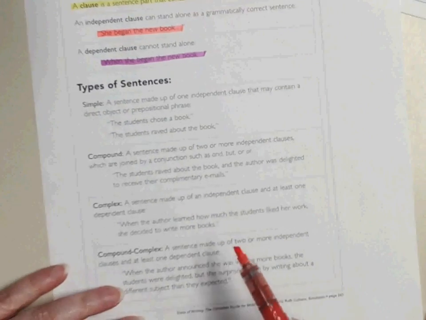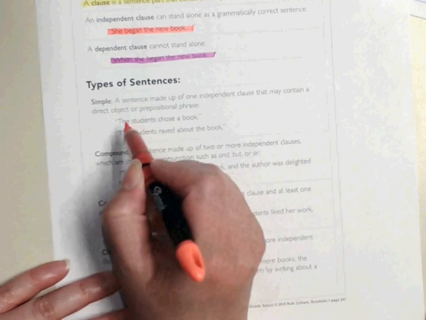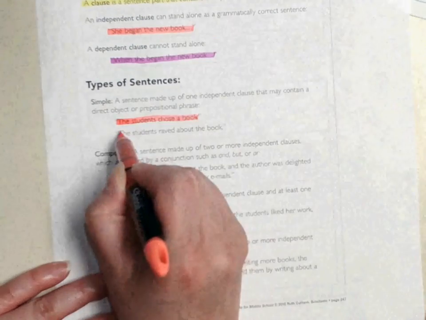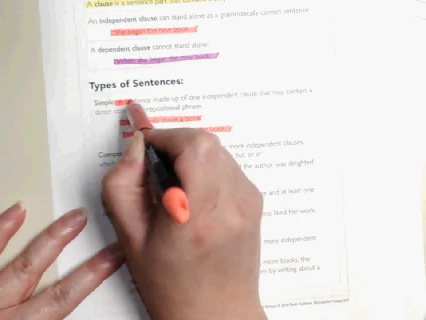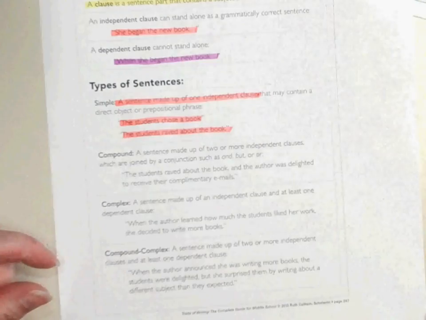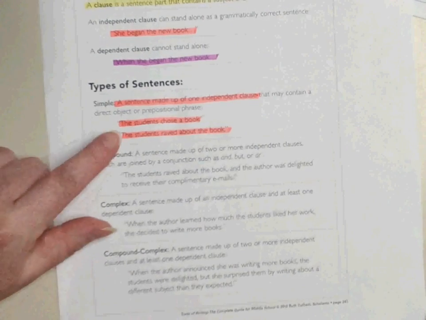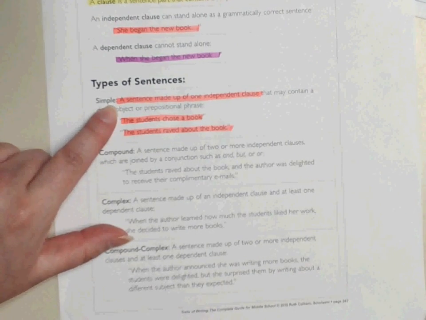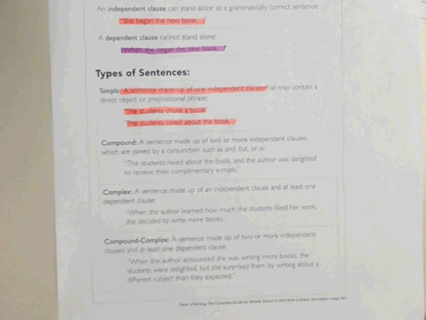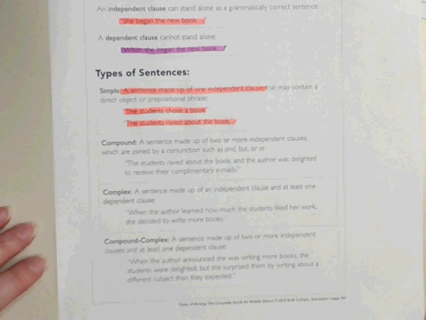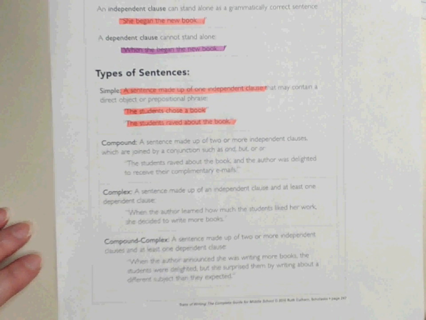So go find this independent clause color, and we're going to highlight the sentences. And then I'm going to also highlight right there where it says a sentence made up of one independent clause. So if it has one independent clause and it can stand by itself, it's a simple sentence.